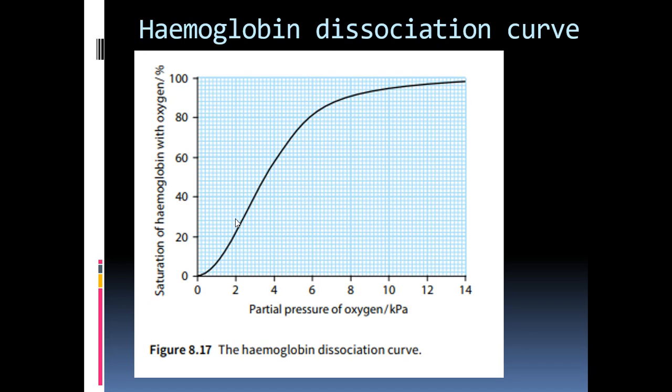But as the concentration gets higher, you will see that more and more hemoglobin will be able to bind with the oxygen molecules, right? And if you look at the x-axis at 14 kilopascal, roughly about 98% of the hemoglobin will be able to combine with the oxygen. Okay, will be saturated with oxygen.